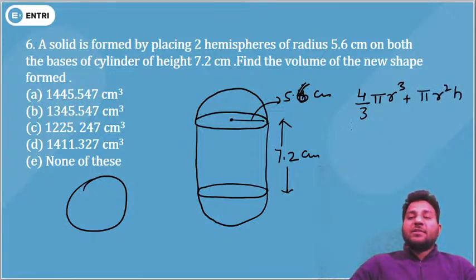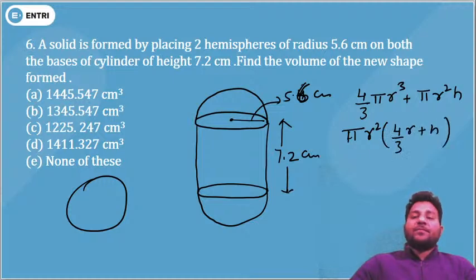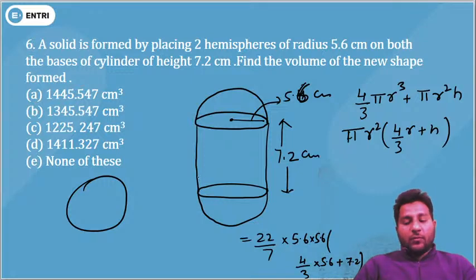Let's take the common part, pi r square, 4 by 3 r plus h. Let's put all the values: 22 by 7 into 5.6 into 5.6, and 4 by 3 into 5.6 plus h, which is 7.2. Now when you solve the value, very good, 1345.